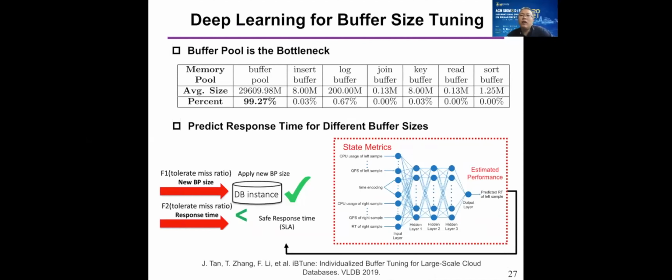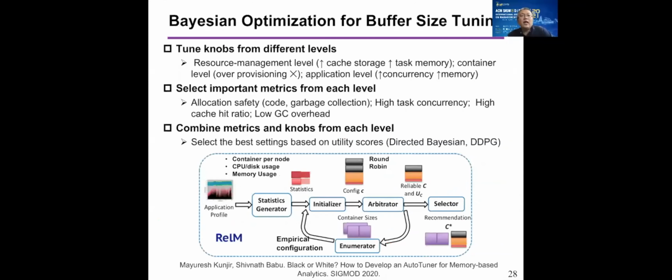So for example, the user wants to execute a query within 1 second, how can we tune the buffer? If we can increase the buffer size, the query may be faster because most of the data will be in memory. But if the performance already meets the user's requirement, we can decrease the buffer size. How to evaluate whether the buffer size is enough to meet the SLA? I think this is also very important. And there are some learning methods working on this.